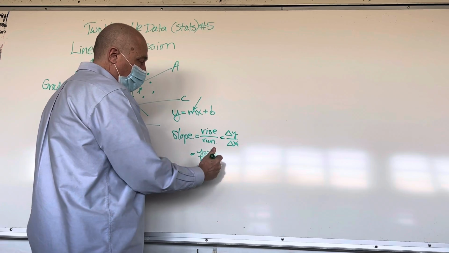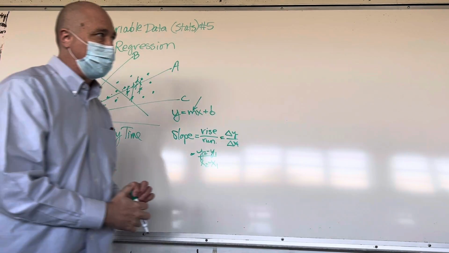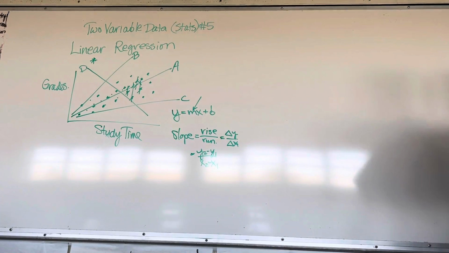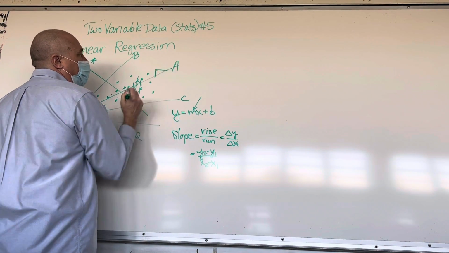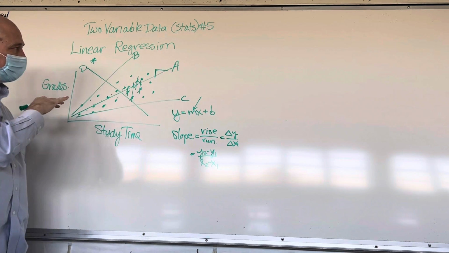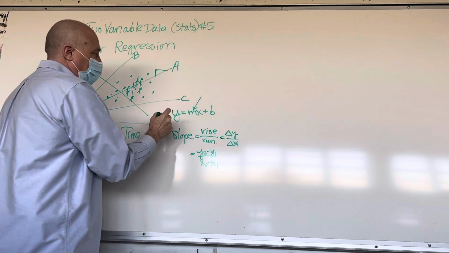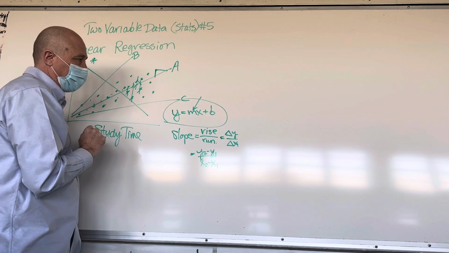So different ways to look at slope, a lot of different definitions or ways to represent the definition. But imagine now that you go up your rise and your run, and now I have an idea of the slope and being able to calculate the equation of the best fit line.